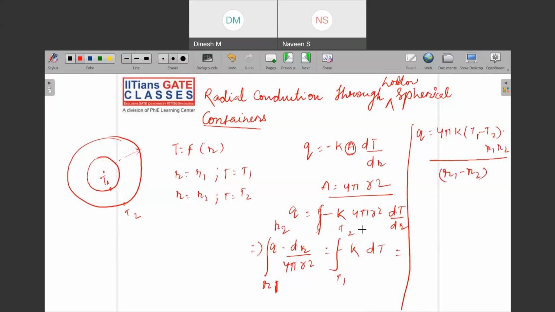Now tell me, what is the thermal resistance? We have seen that Q is delta T upon R. What is delta T here? T1 minus T2. So anything other than T1 minus T2 represents the thermal resistance. So the thermal resistance becomes (R1 minus R2) upon 4 pi k R1 R2. Can I write R thermal is (R1 minus R2) divided by 4 pi k R1 R2?